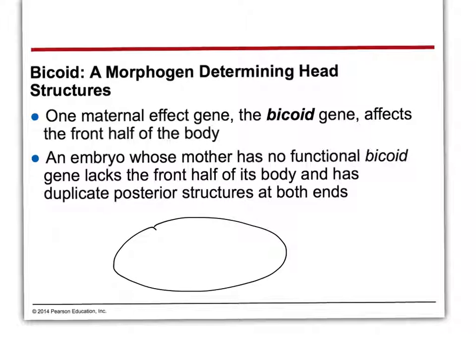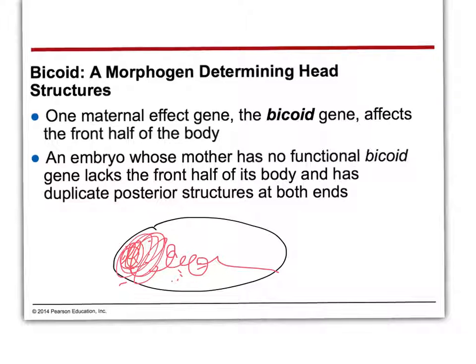And so red would be bicoid. Lots of bicoid here, a little bit less, and then none. Okay? So lots of bicoid towards the front. That's the anterior part. Very little bicoid means the tail. And somewhere in between there is going to be the middle.